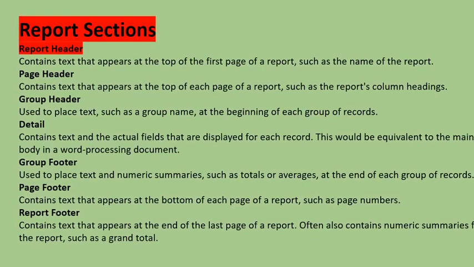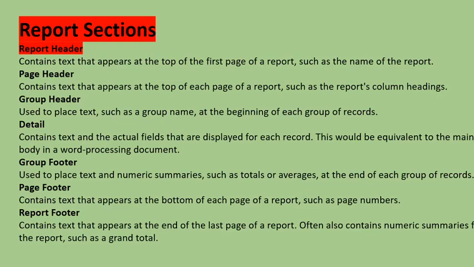Then they explained here. We have the report sections or parts of a report. We have report header. It contains text that appears at the top of the first page of a report, such as the name of the report. Then we have page header. It contains the text that appears at the top of each page of a report, such as the report's column headings.